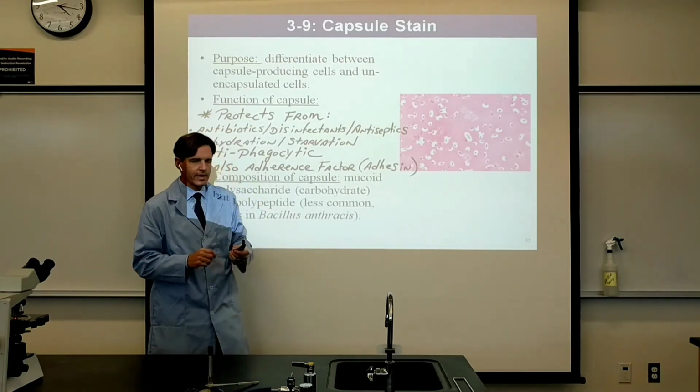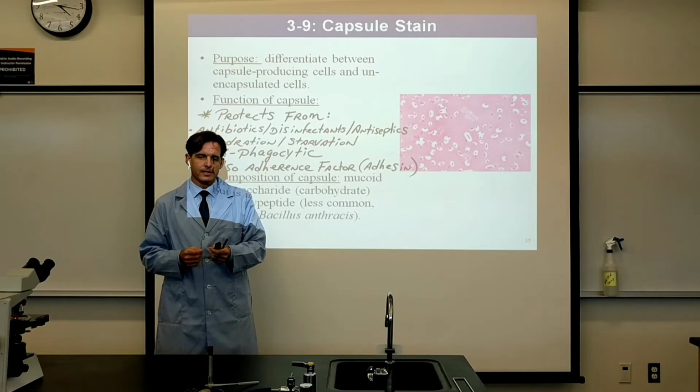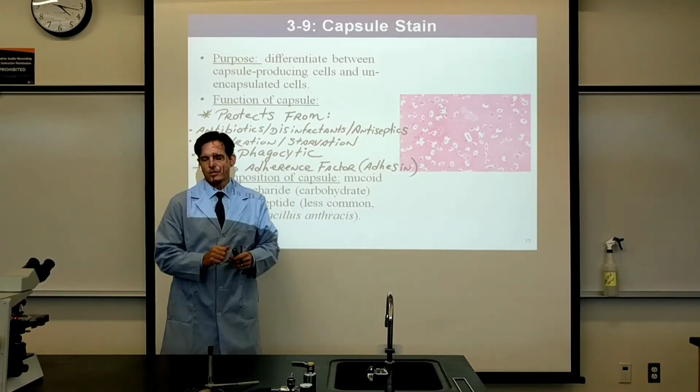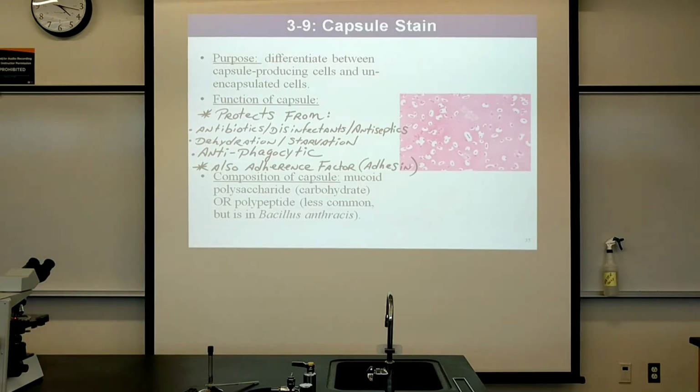Bacillus anthracis can actually secrete something called lethal factor, LF, and so lethal factor, as the name implies, is a chemical that kills phagocytes.